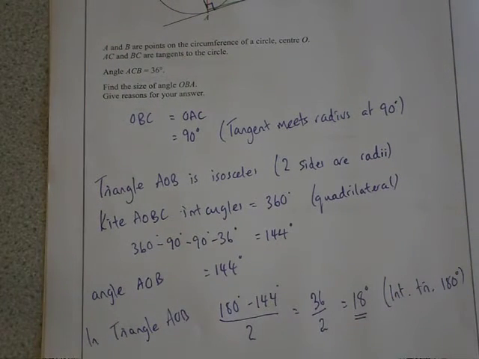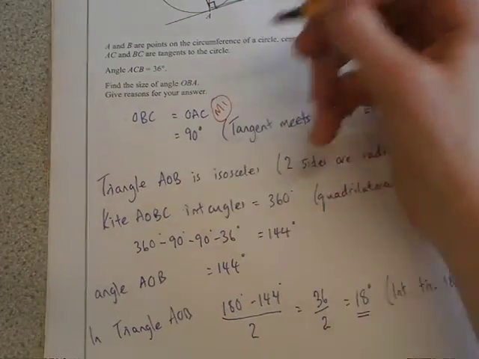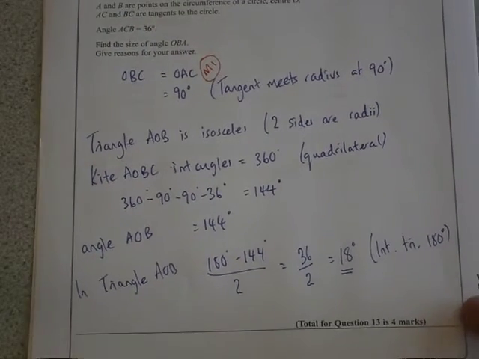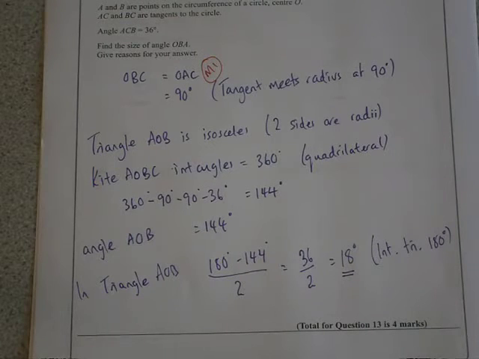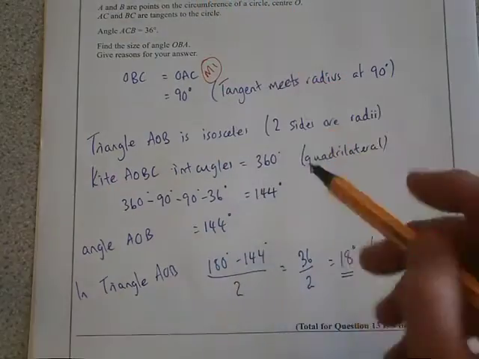And in terms of marks, there are a few different ways of doing it. If you've shown that these are 90 degrees, you get a mark for that. So a tangent meeting a radius at 90 degrees, you'll get a mark for. Then you're going to get another mark for a method to find out what one of these angles is.